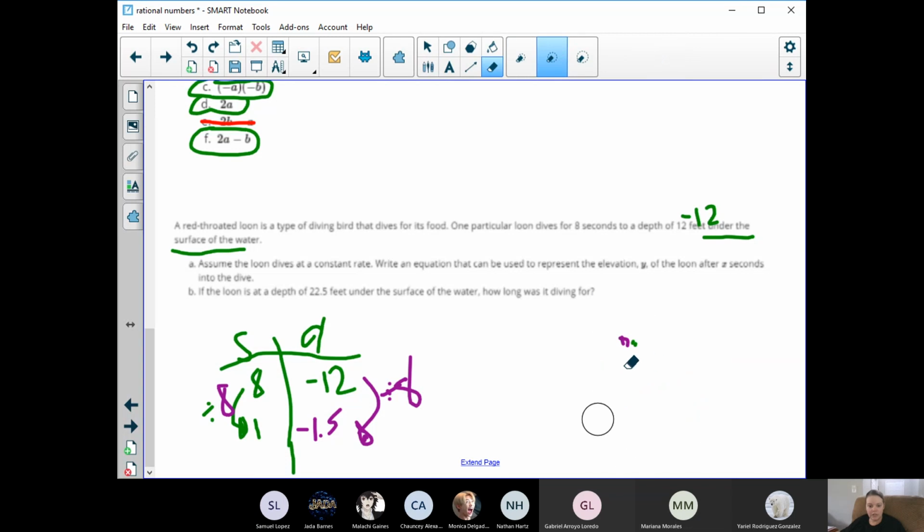So we're going to use that to write an equation. So the elevation, okay. So we're going to do Z. Hold on. After Z seconds into the dive. I'm trying to read this and make sure I write it the right way.